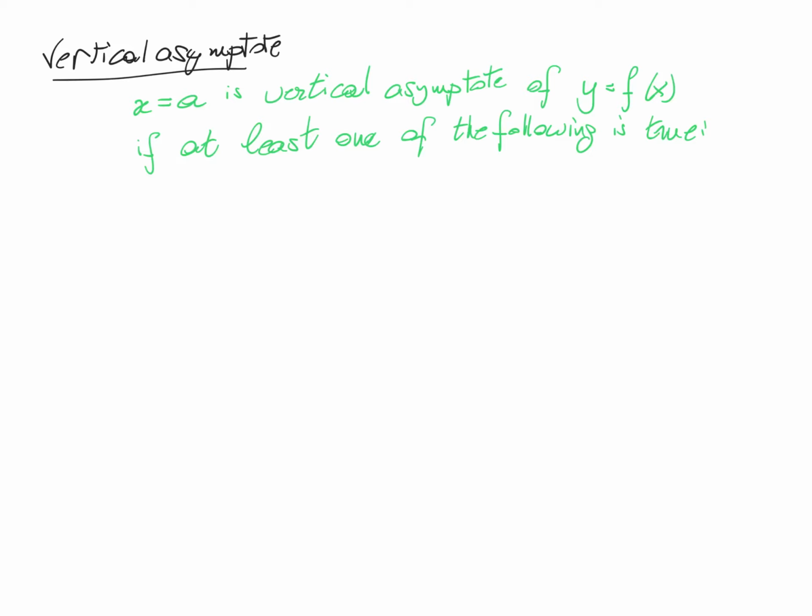Either the left limit, so the limit for x going to a from the left side of the function, is infinite, so plus or minus infinity, or the right limit of f of x for x going to a, so a from the positive side, is plus or minus infinity. So we have a vertical asymptote at the point a if either the left or the right limit becomes extremely large, either positive or negative.